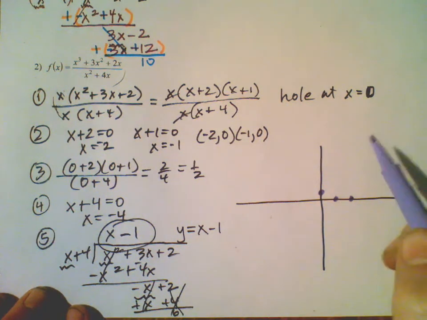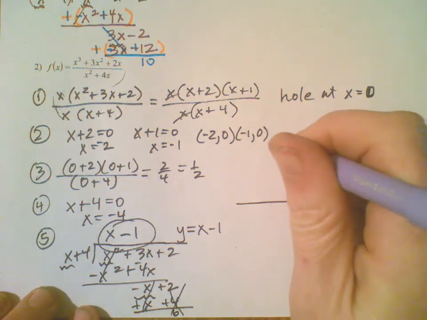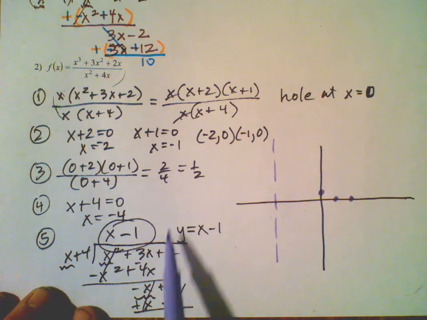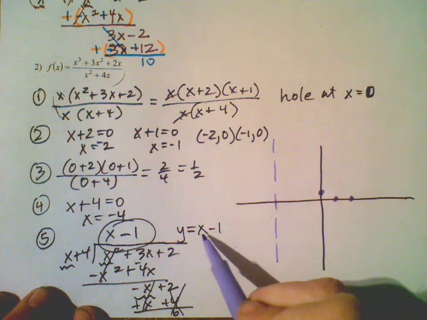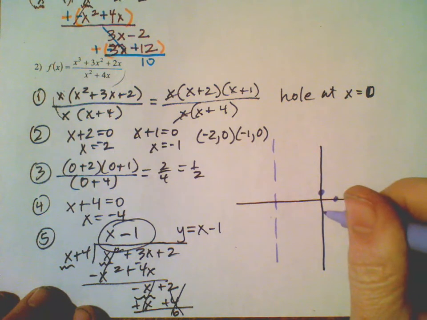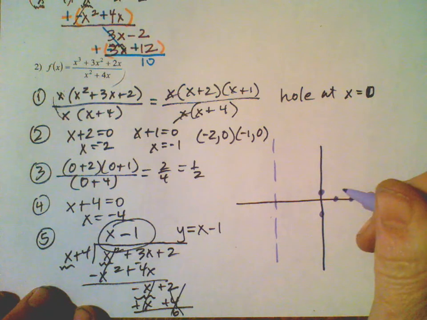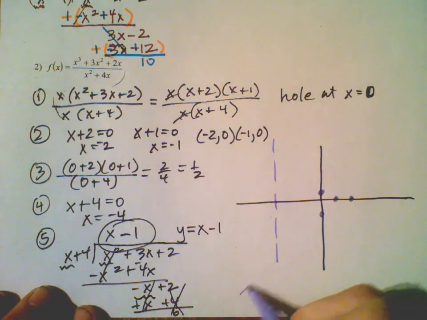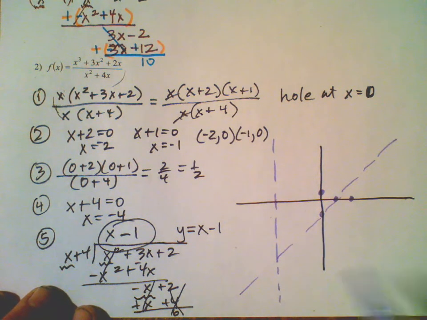I'm going to sketch my vertical asymptote at negative 4, and my oblique asymptote is this line at y equals x minus 1. So I go down 1, and then up 1, right 1. So this line is going to come through in that fashion.